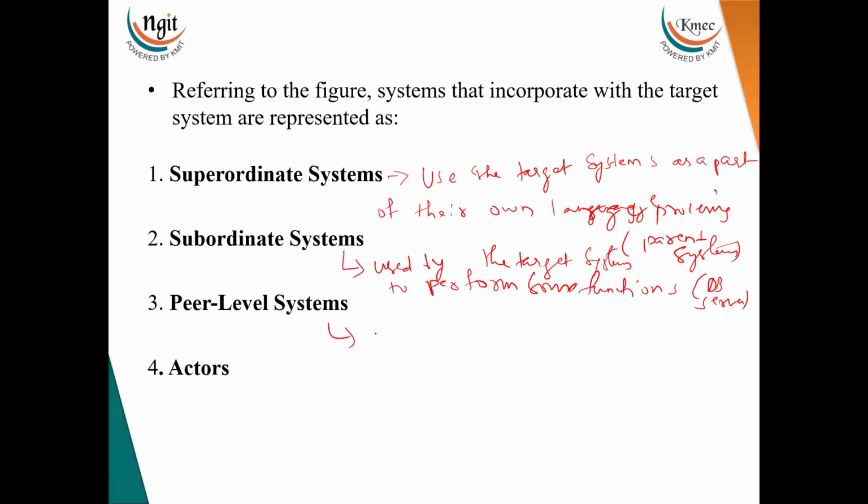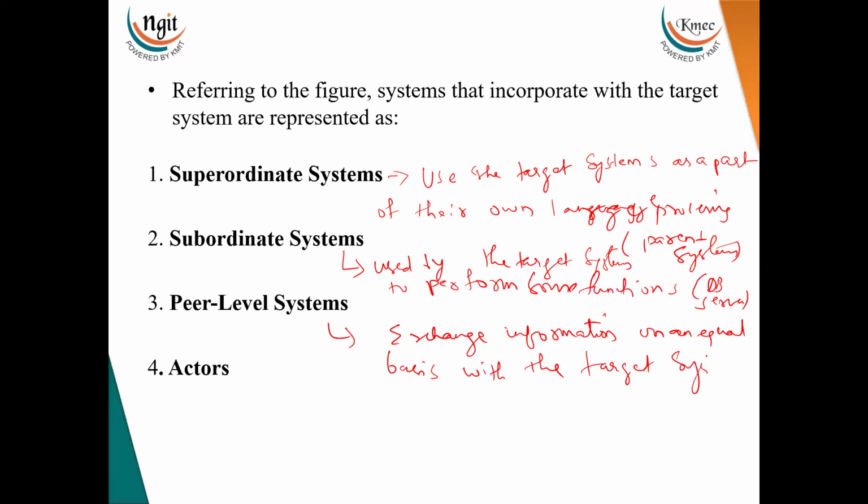Peer level systems exchange information on an equal basis with the target system. So how is this done? Using APIs or some services.